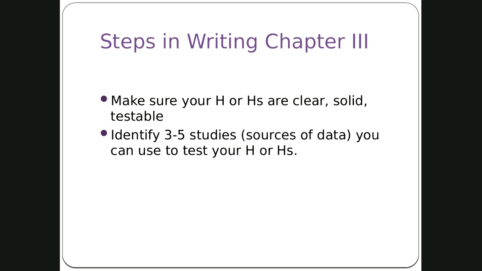You want to make sure that you identify, as I said at the beginning of the course, the really prominent and important studies that tested data that you can use to test your hypotheses later. Okay, so you're looking for the most detailed and important studies.